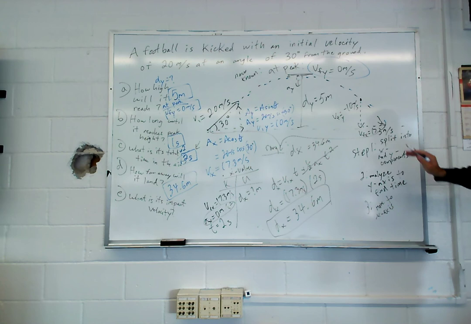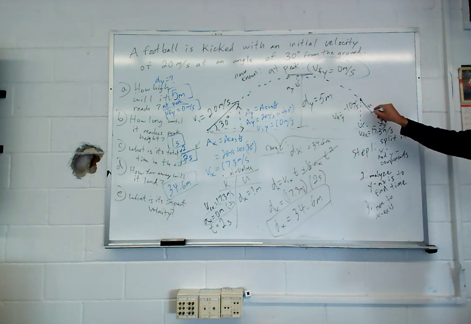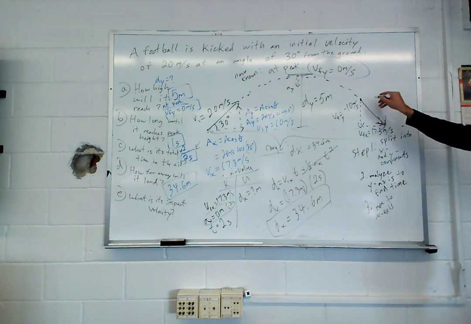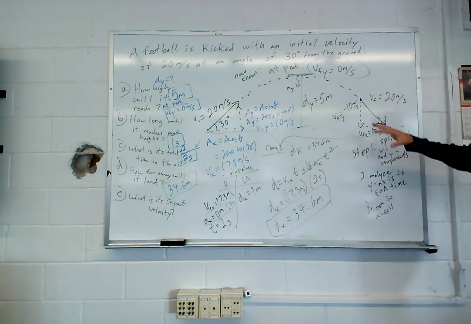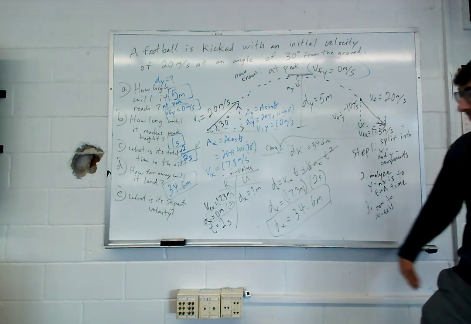Same as it was before, no acceleration, so it doesn't change. Use the Pythagorean theorem here, and what do we get? Well, coincidence, we still get 20 meters per second. The impact velocity is actually the same as the initial velocity upwards when it lands at the same height. All of this assumes it lands at the same height.